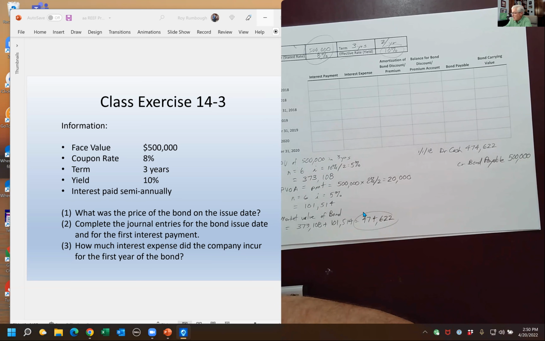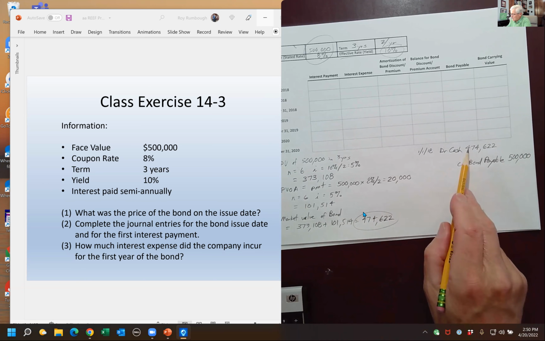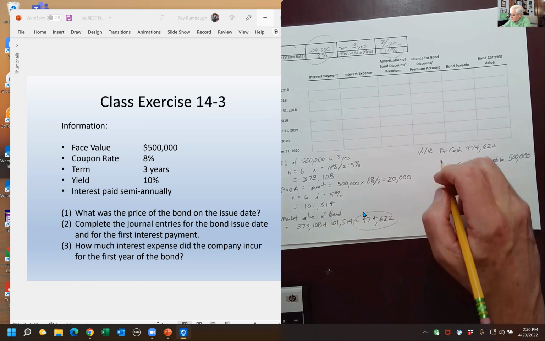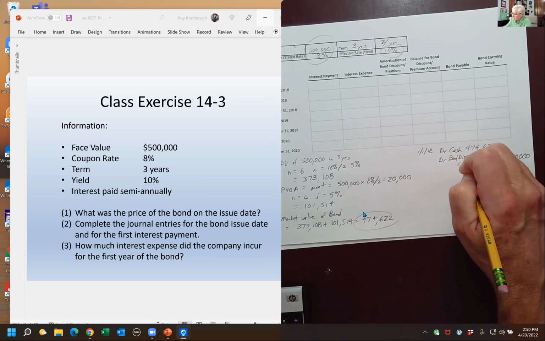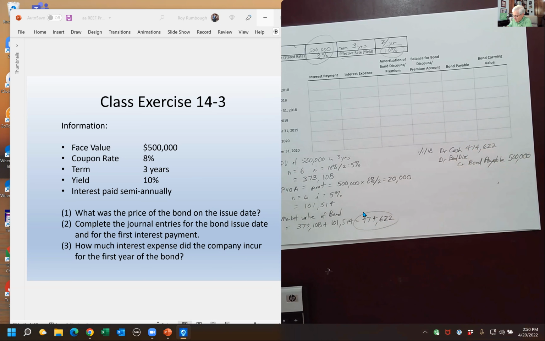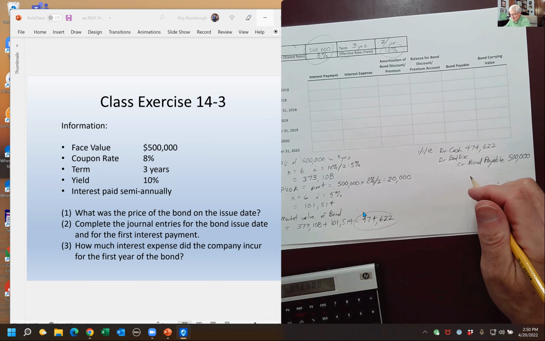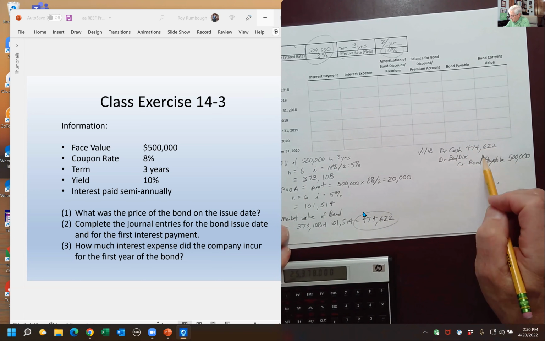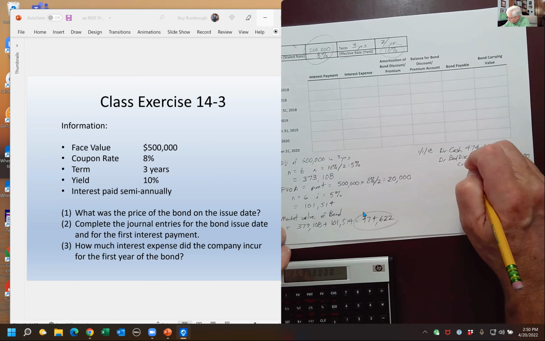And that face value is what's left on the last day, and we pay it off, as we saw in the last example. So we've got a problem here. Our debits don't equal our credits. Well, we've got a bond discount for the difference, and that's 500,000 minus 474,622, $25,378.